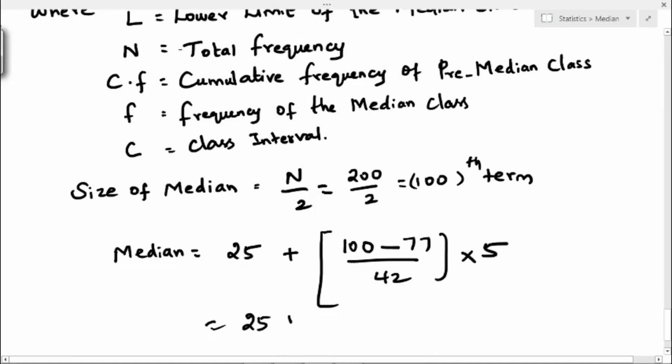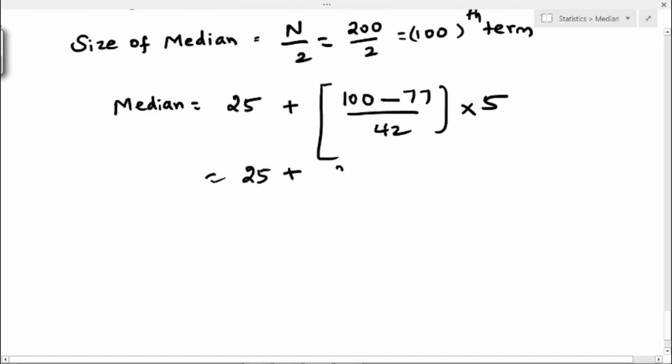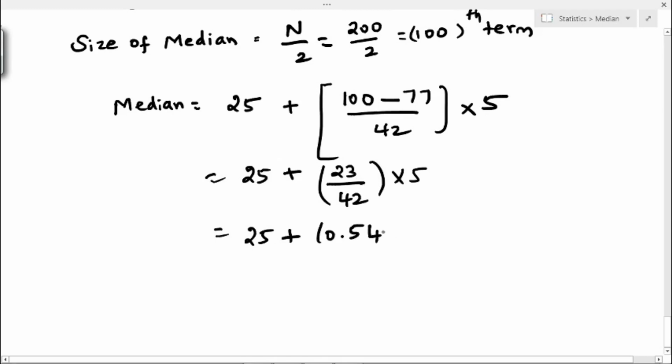First simplify 100 minus 77, that is 23, divided by 42 into 5. So 25 plus, 23 divided by 42 gives 0.5476, into 5.